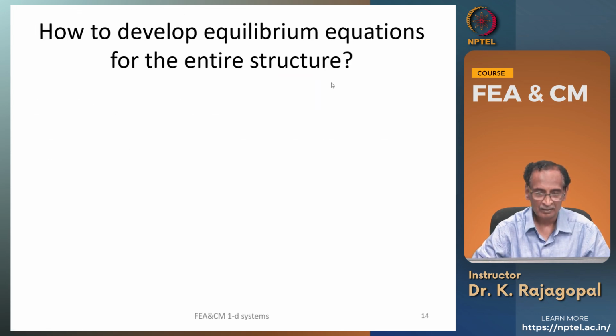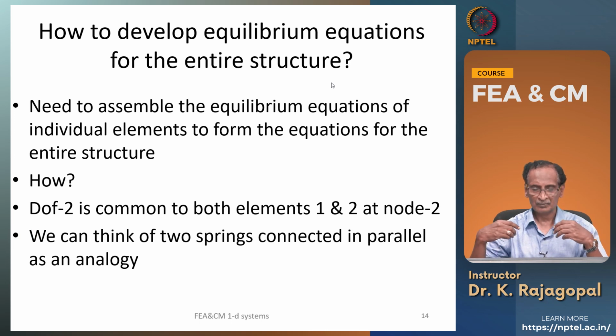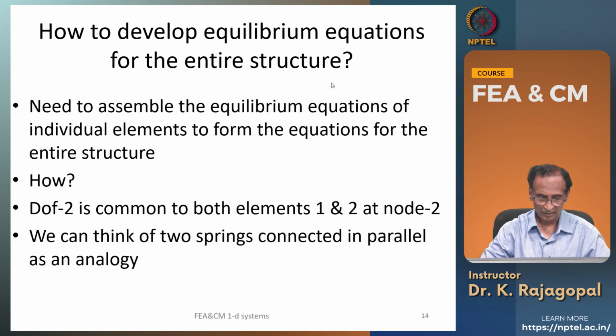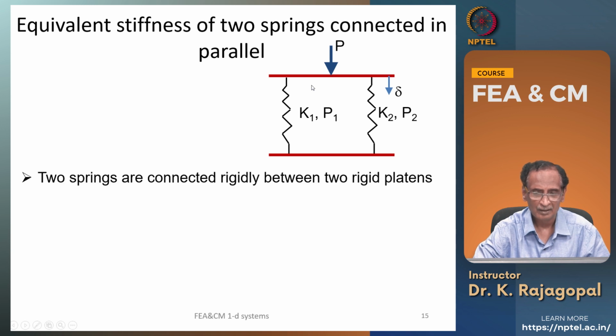And so we can think of 2 springs connected in parallel, because these axial elements you can imagine as spring elements, just springs, because that is what they are. Let us consider that element 1 and element 2 are connected rigidly between 2 platens, the stiffness of element 1 is K1 and the stiffness of element 2 is K2.